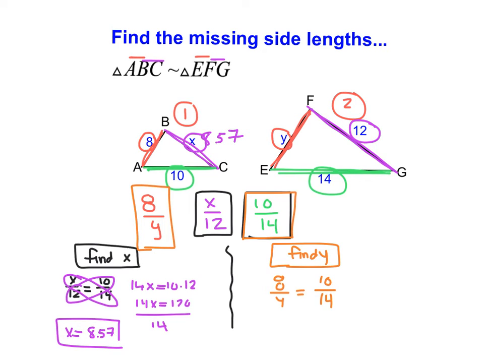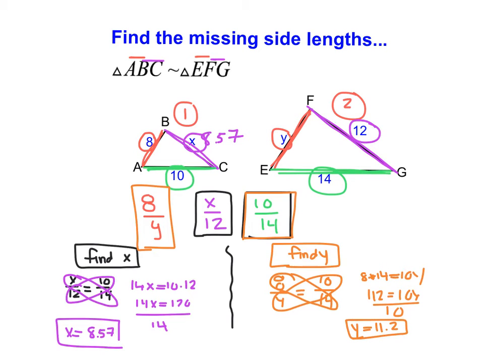So here we cross multiply again, so 8 times 14 is equal to 10y. 8 times 14 is 112. Divide both sides by 10, and we find that y is equal to about 11.2. So there we have it. We've now found y and x for our missing triangles using our knowledge of ratios.